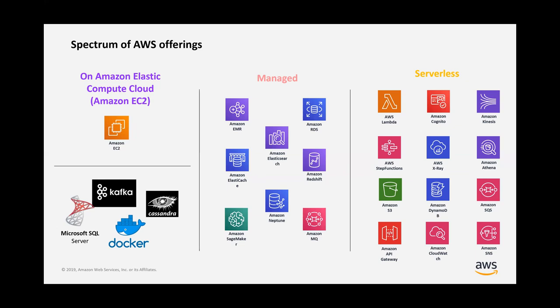But along with that, you have many other services like Cognito, which is used for authentication, Amazon Kinesis for data streaming, and Athena, which is a query service which allows you to query, paying based on the data size and the number of queries, without provisioning any database engine.